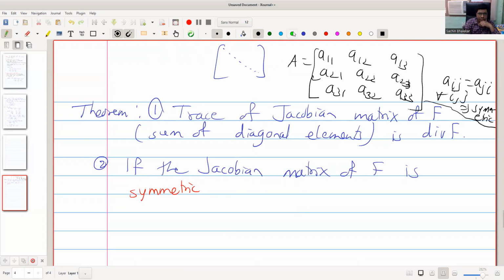If the Jacobian matrix is symmetric, then the curl of F is 0. Curl F equals 0, where 0 means the origin here. It is a vector, not the number 0. We are not going to discuss the proofs of these results. We solve examples.